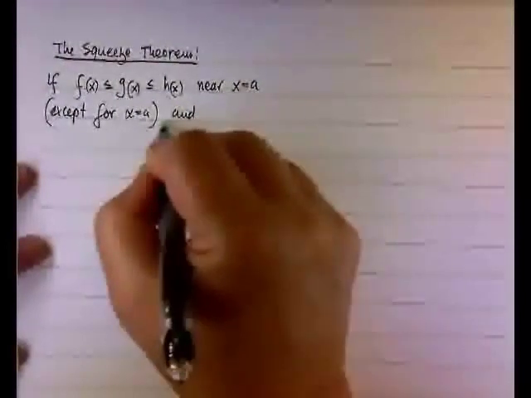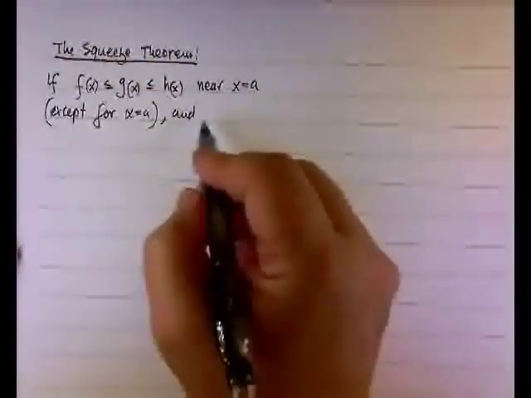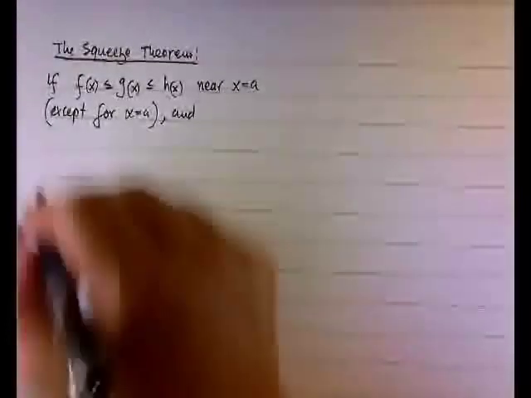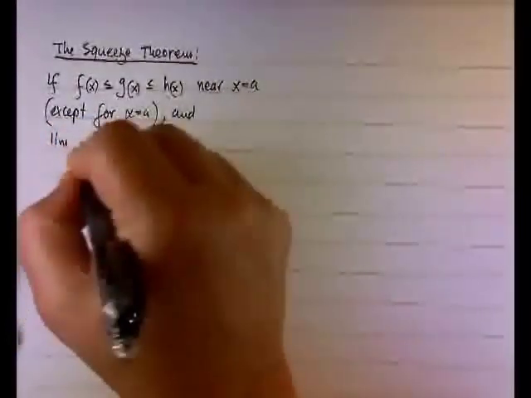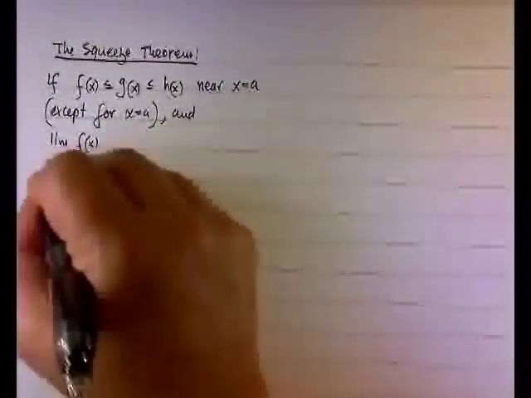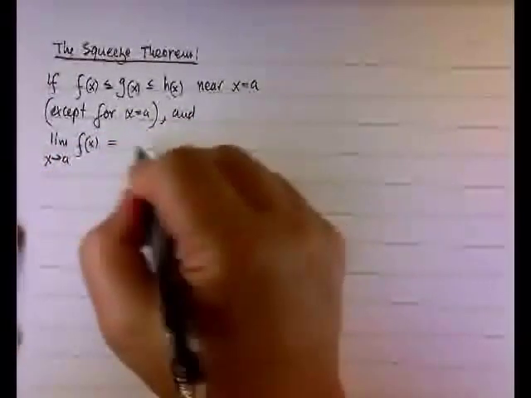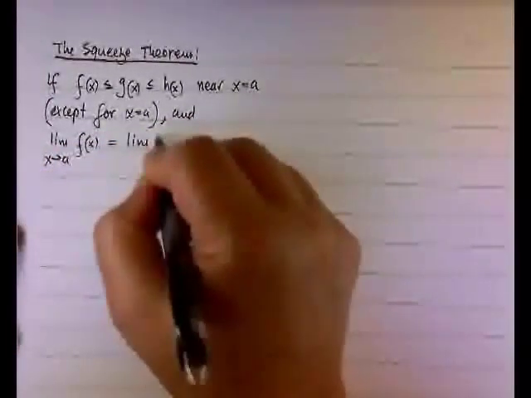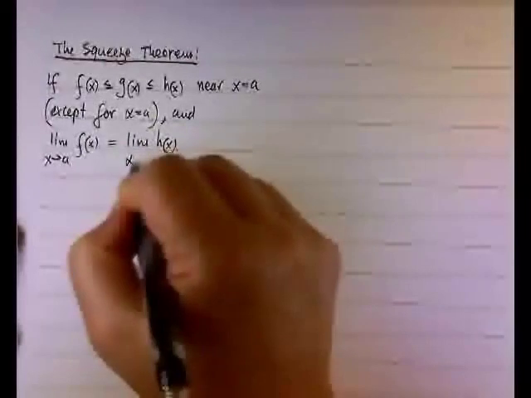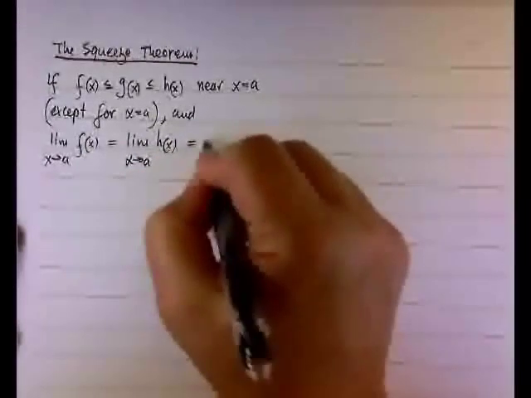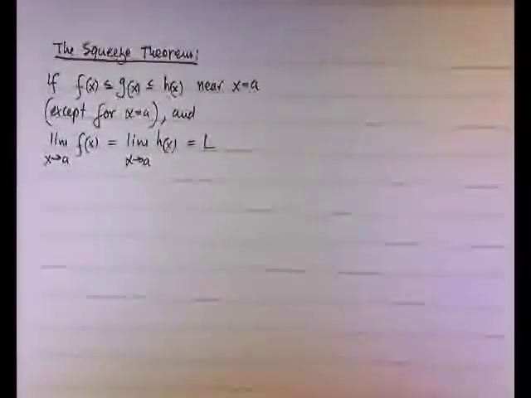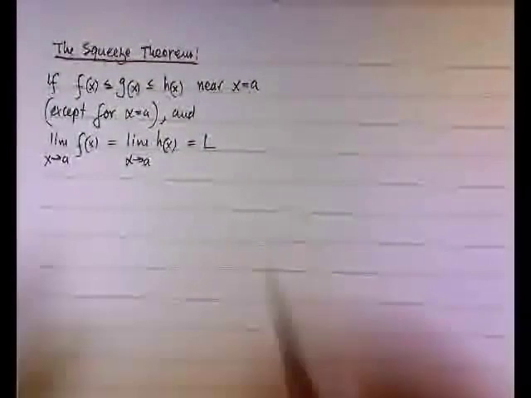So we have another condition here. Instead of one if, we have another one, and the condition is the limit of f of x when x approaches a equals the limit of h of x when x approaches a. And they're both equal to a certain value, let's call it L.